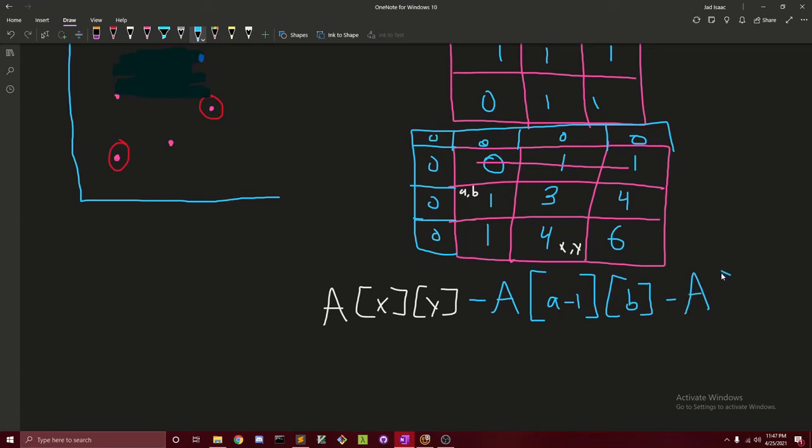That's just A, B minus 1, and then we're going to add, since we would have subtracted this point right here twice because we subtracted this thing. And of course it's 0 here, but we still have to add it back, so that's just A of A minus 1, B minus 1. Okay, so that's how you find it.